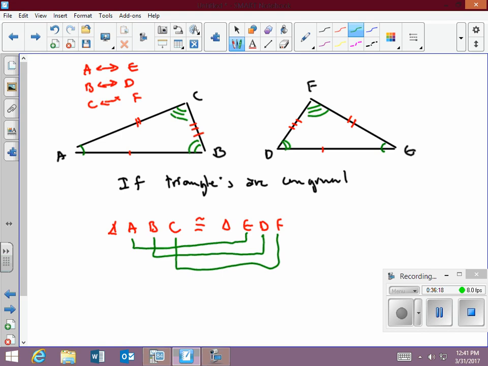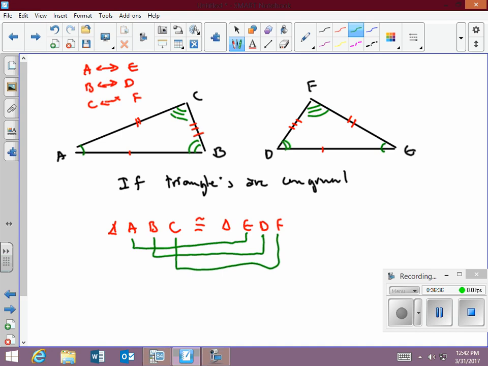That's reflexive. Symmetry says that if you have the first triangle congruent to the second triangle, then the second triangle is congruent to the first triangle. That's symmetric.